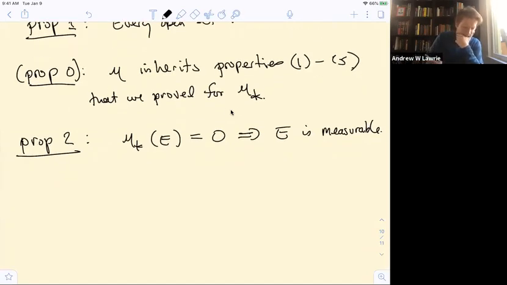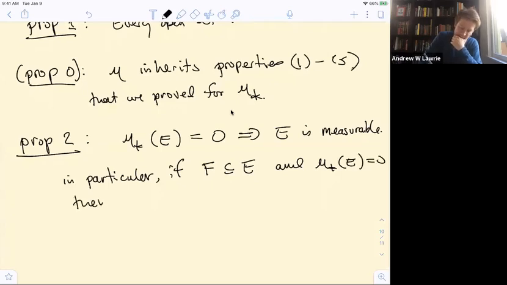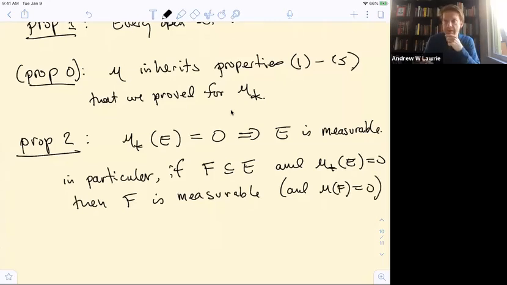In particular, all subsets of sets of exterior measure 0 have measure 0: if F is inside of E and the exterior measure of E equals 0, then F is measurable and has measure 0.